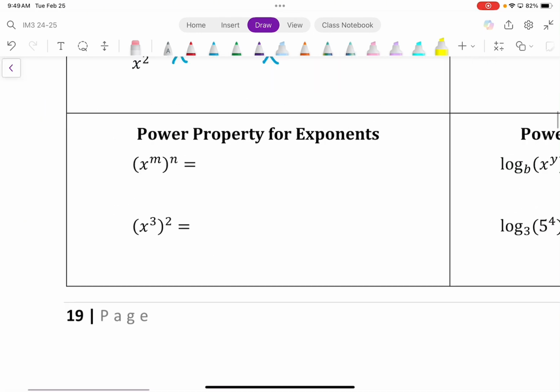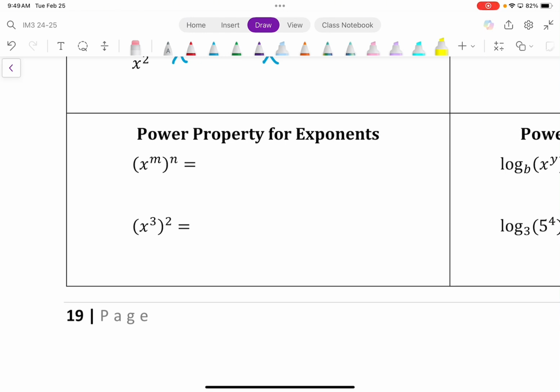Finally, the last rule that we're going to look at for today is going to be the power property. And so the way that the power property works is the following. With exponents, whenever you have an exponent raised to another power, then you can actually multiply the exponents together.